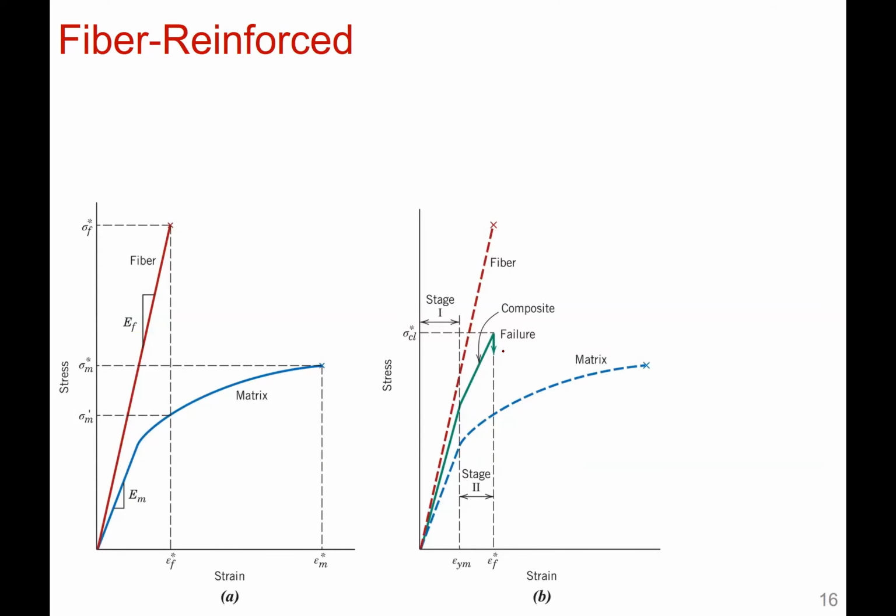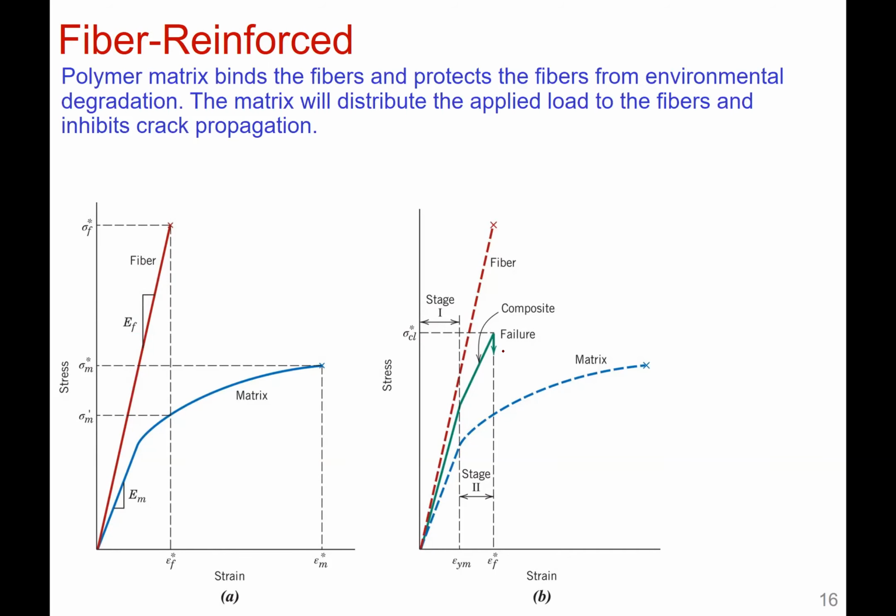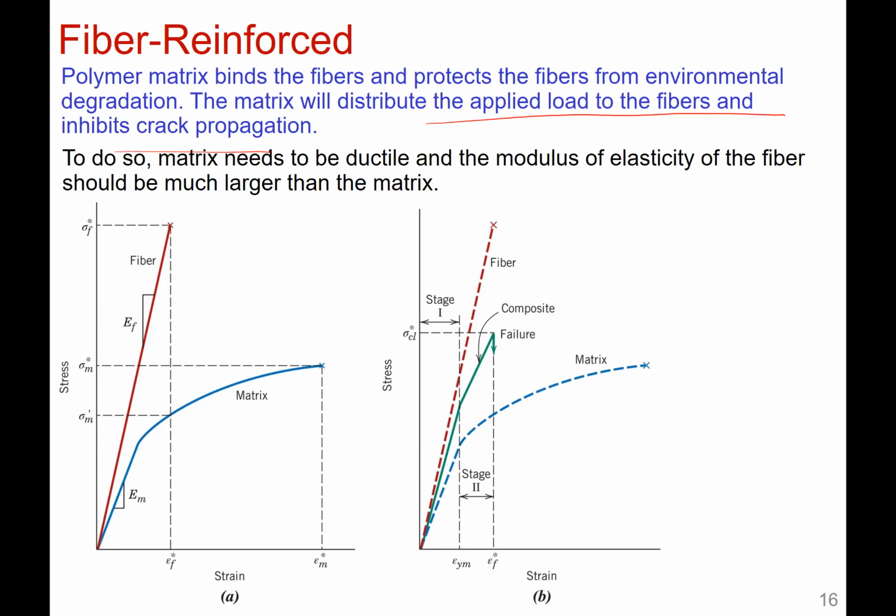So let's look at the stress strain curve of the fiber as well as the matrix, and when your composite will fail or fracture. Here, the polymer matrix will distribute the applied load to the fiber and inhibit crack propagation.